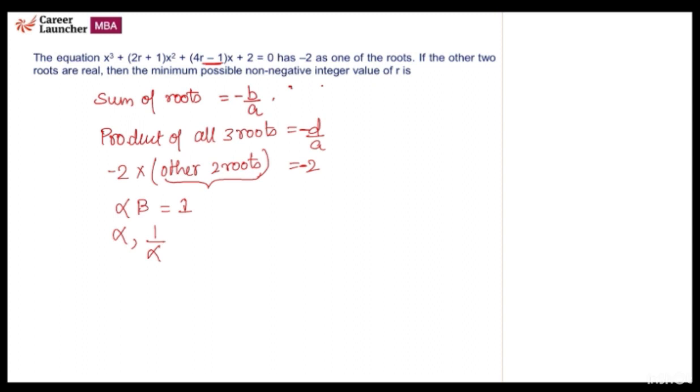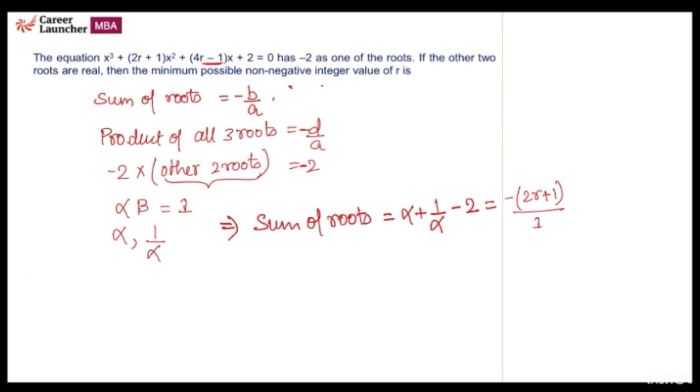Now, if we take the sum of the roots, which is minus b by a, the sum of roots will be equal to alpha plus 1 by alpha minus 2, which equals minus 2r plus 1 divided by 1, since a is 1 here.